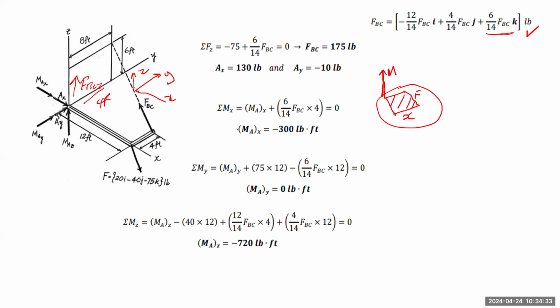This is your moment plane, and this is your force plane and the distance plane. Let me see if I am representing them correctly. So they are in a different plane from the moment. Here you take out this value and this value.